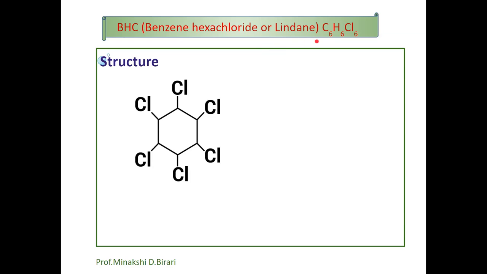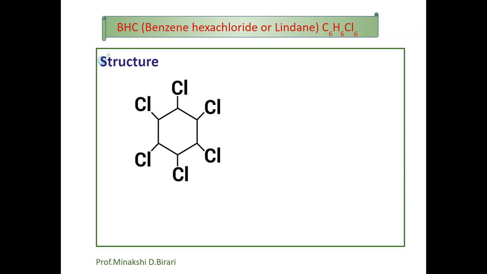So what is the molecular formula? What is the structure? We should remember C6H6Cl6 as the molecular formula, and this is the structure. BHC also has common names like lindane and gamexane, because the insecticidal property is found only due to the presence of the gamma isomer.